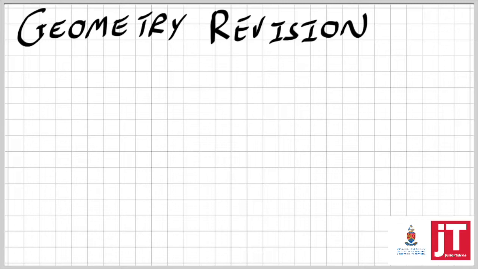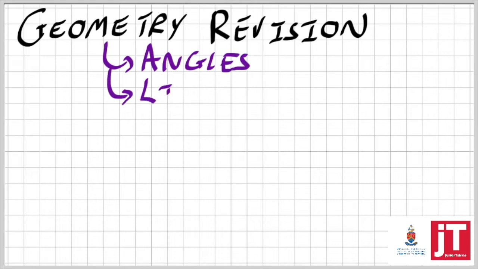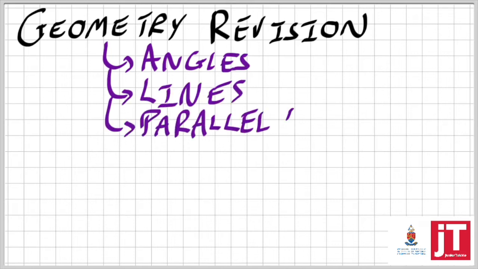So when we think about geometry as it is going to be taught in grade 9, the first things that we are going to look at is angles and lines. So when we talk about angles and lines, it's also going to include parallel lines specifically. Now this is grade 8 work, and even though it's grade 8 work, I'm still going to go over it with you in this video.